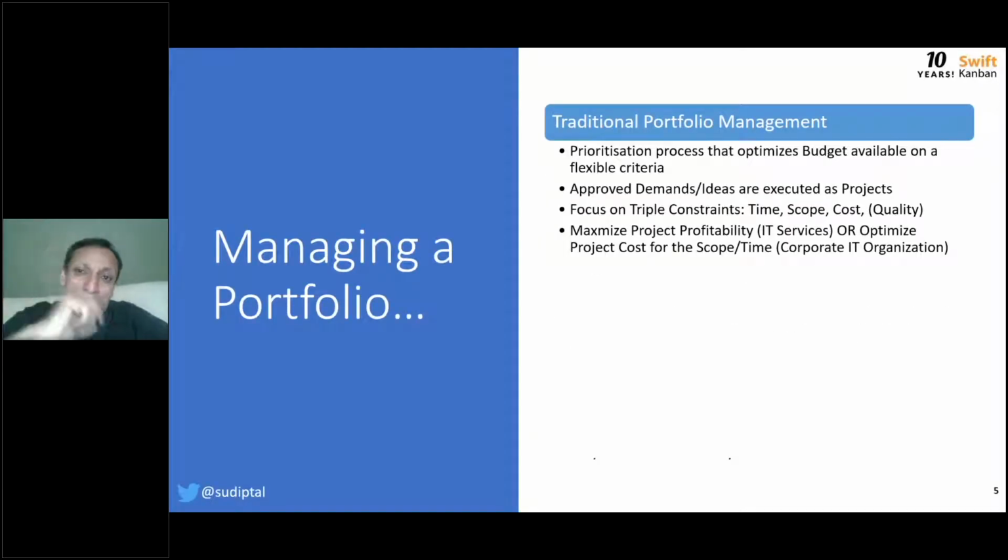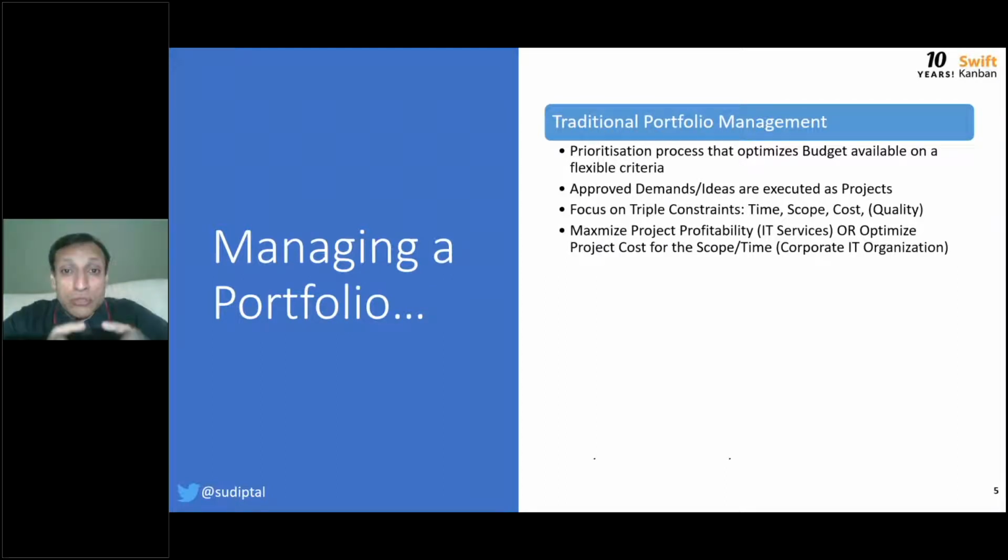So let's understand portfolio management, because there have been tools around portfolio management, project portfolio management for umpteen number of years. A typical portfolio management would comprise a prioritization process that would help the IT organization or any other organization do their budget allocation and fund their initiatives or projects for the next 1 year, 2 years, or 3 years, whatever is the duration that they want to plan.